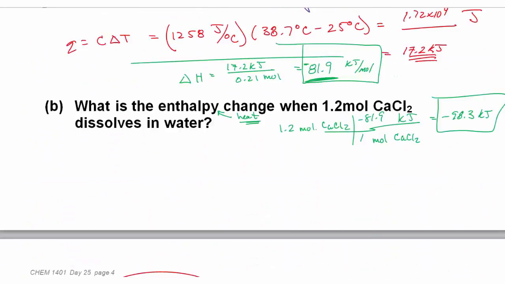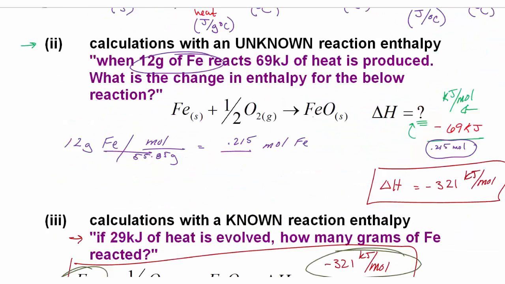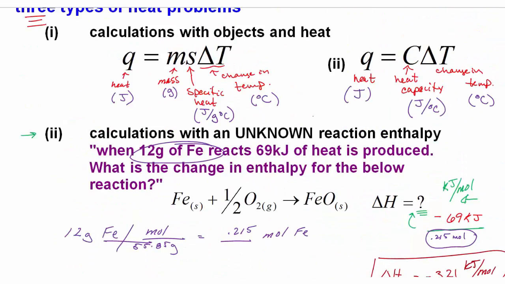Okay, so it seems to me this is where everything lies. Everything's surrounded around these 3 types of heat problems. One is where you can calculate heat. Now they also call that an enthalpy change, and they have it given symbol Q. So we have a couple equations for that. Just let specific heat or heat capacity determine your units when you're using that.